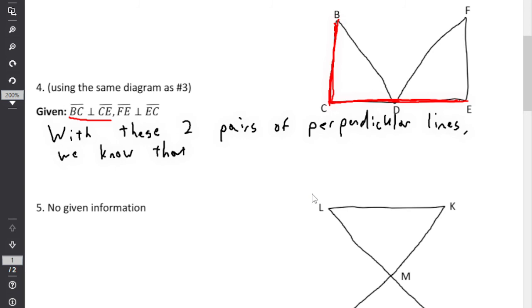It's going to be angle C. That's where the two lines are intersecting, so that's the angle that's going to be the right angle. Take the other pair of perpendicular lines here and see if you can spot where the right angle is going to be. Trace them out, see if you can find the right angle.